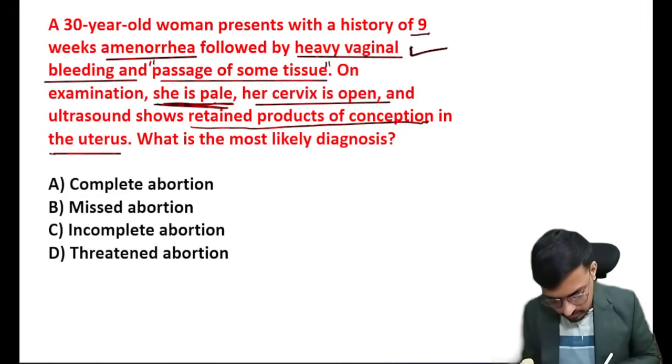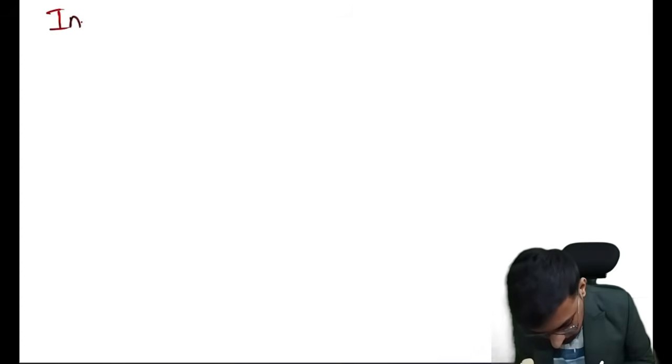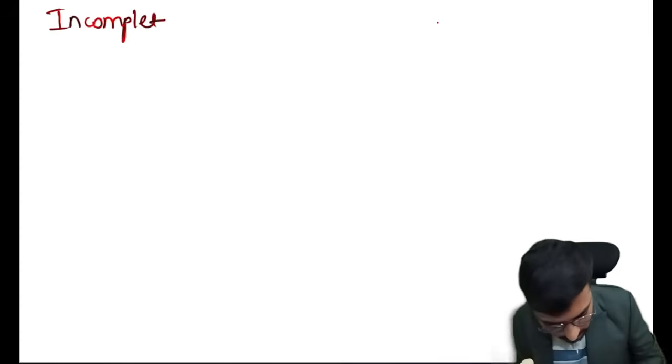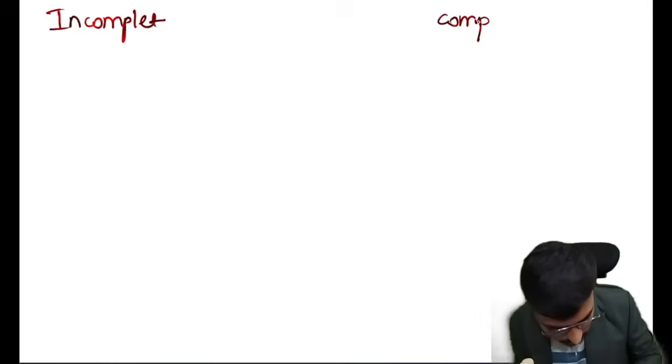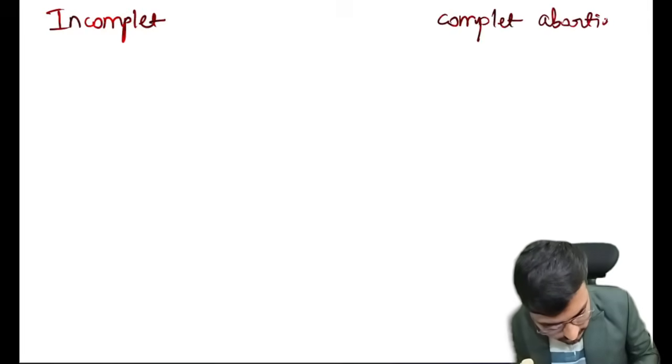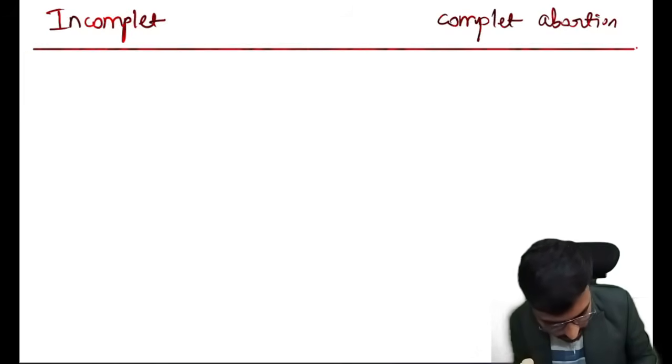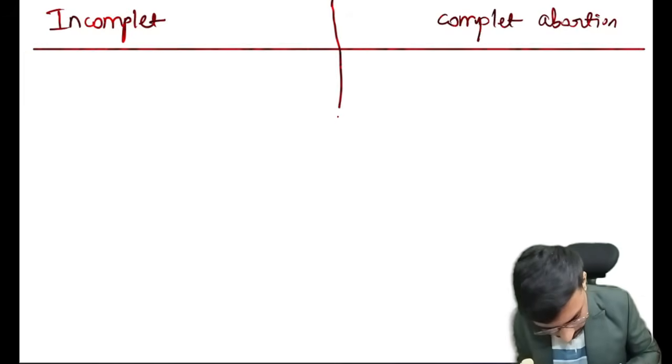So this is a case of, yes, many of you have given the correct answer, that is the incomplete abortion, right? So remember the difference between the incomplete abortion and the complete abortion. So this is very important for you, to differentiate in the main exam also.